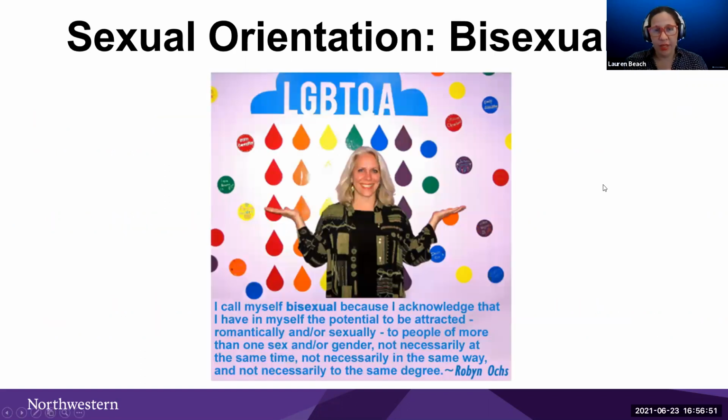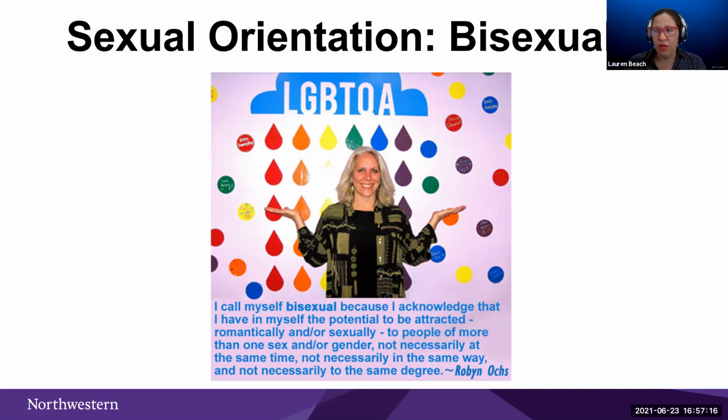A definition of bisexual that I like best and actually use myself is from Robin Ochs. So Robin says, I call myself bisexual because I acknowledge that I have in myself the potential to be attracted romantically and or sexually to people of more than one sex and or gender, not necessarily at the same time, not necessarily in the same way, and not necessarily to the same degree.